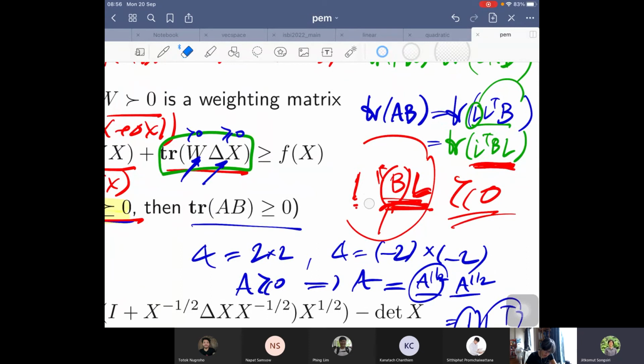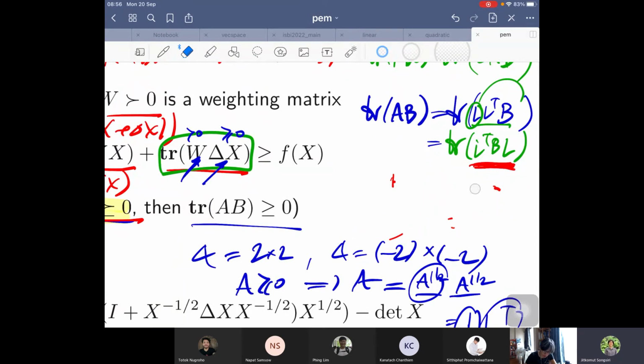All right, if you're taking the trace of a positive semi-definite matrix, what do you know about the result of the trace? You have a positive semi-definite matrix, you take the trace, which is the sum along the diagonal. The trace has to be non-negative, right?